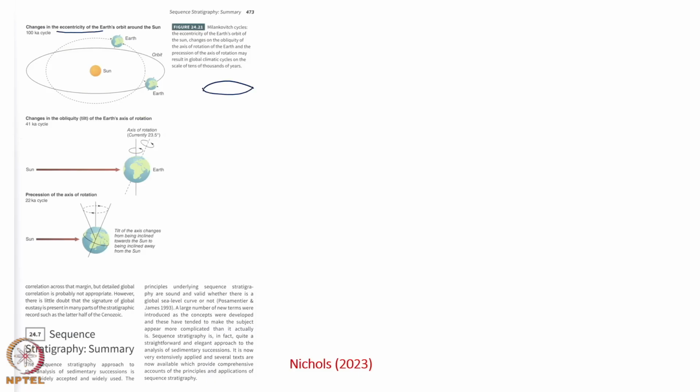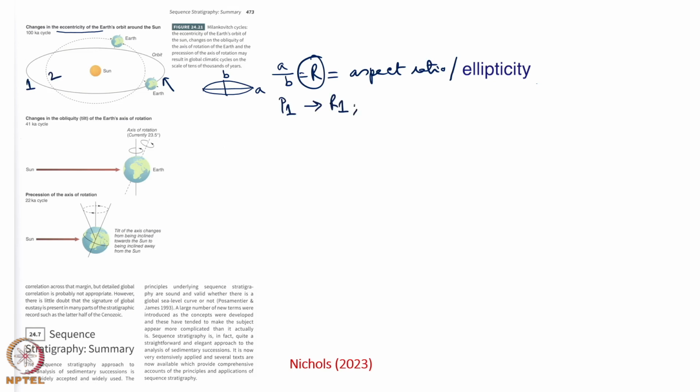For an ellipse, A divided by B is the aspect ratio, which can also be called the ellipticity. This R value for the earth's path, which is sub-elliptical, keeps changing. Two paths are shown, path 1 and path 2. For path 1, the aspect ratio is R1, for path 2, the aspect ratio is R2.